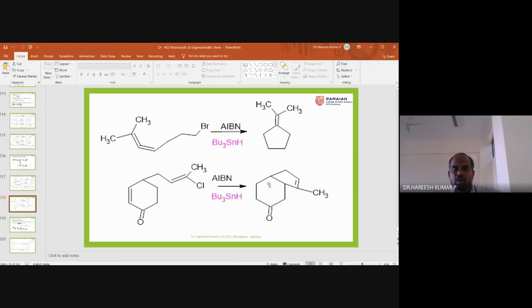So that is how this product is obtained. Okay, so this is about a few reactions of the application of organotin compounds in organic synthesis.